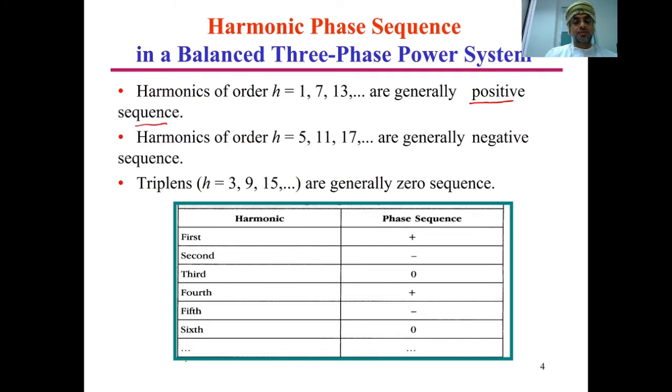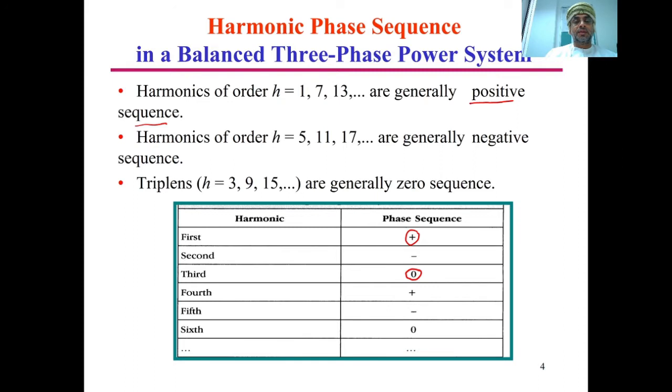The phase sequence of the fundamental will be positive, second negative, third will be zero sequence. Zero sequence means the current or the harmonic from different phases will have the same phase angle. That's why we call it zero sequence. So positive, negative, zero, and so on.